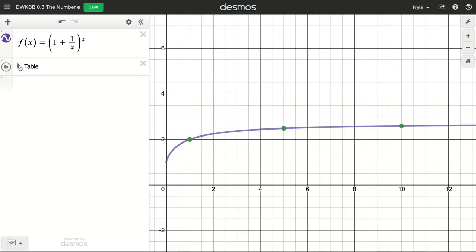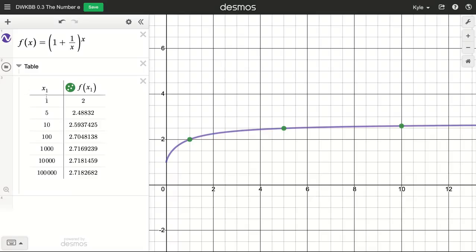So over here on the left side in a table, let's watch what happens as x gets really big. When x is 1 compounding period, that number goes to 2. With 5 compounding periods, 2.488. But as x now goes from 10 to 100 to 1,000 to 10,000 and 100,000, this seems to level off right around 2.718.